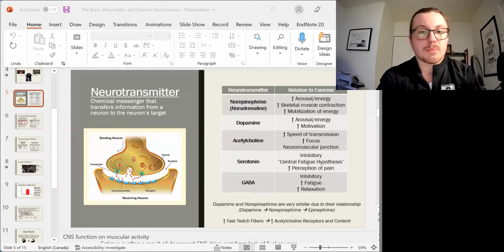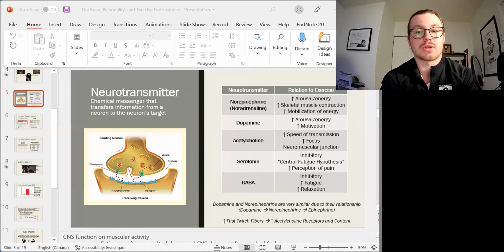The central fatigue hypothesis basically states that with an increase in exercise duration or intensity, there is an increase in serotonin levels and a decrease in dopamine levels. Now, if you view serotonin as a modulator, it makes a lot of sense. With the increase in serotonin, it acts on the dopaminergic system to quiet it down so that you aren't too aroused after exercise.